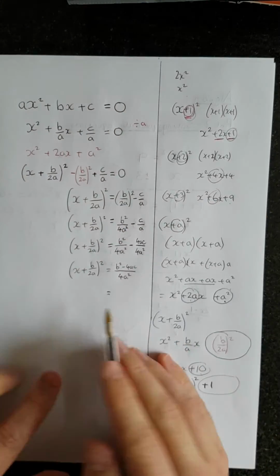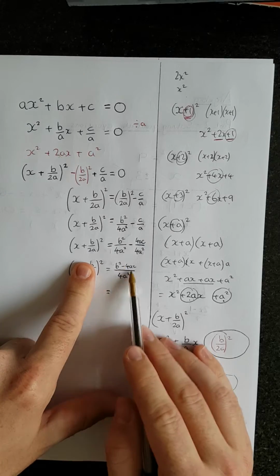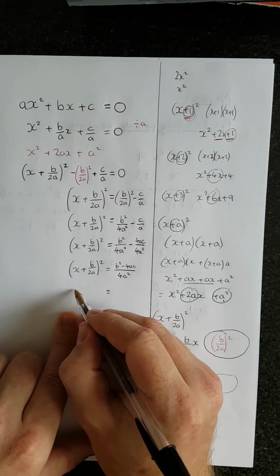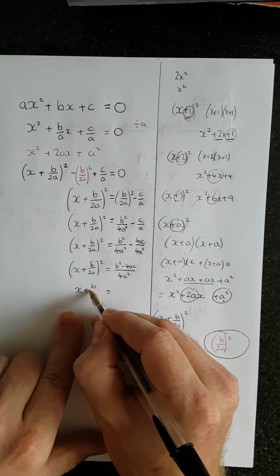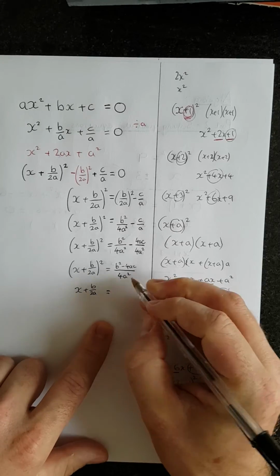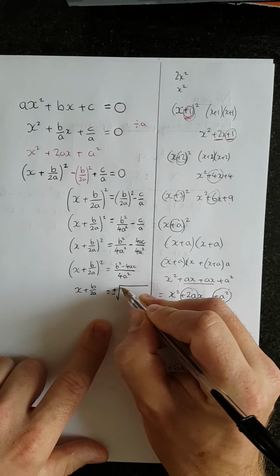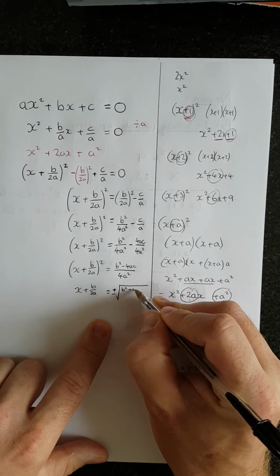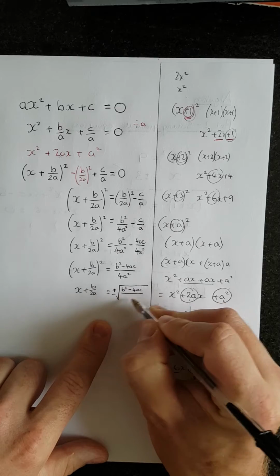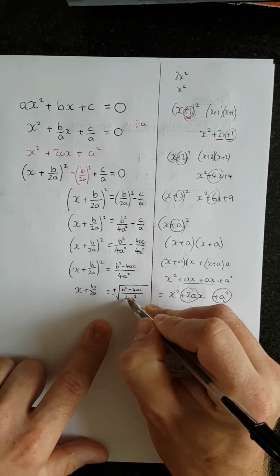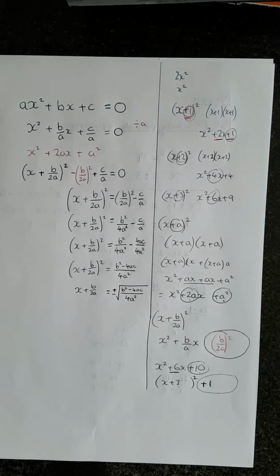So something squared equals a number. So we do the number equals plus or minus the square root. Oh, it looks horrible, doesn't it? Do not worry. It's all going to become beautiful in a second.